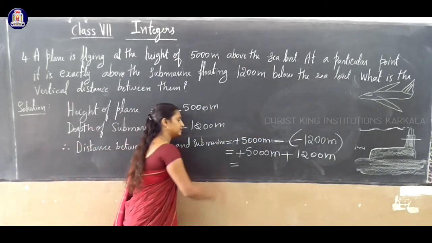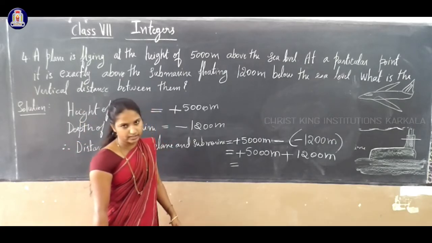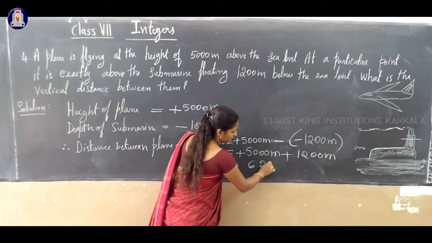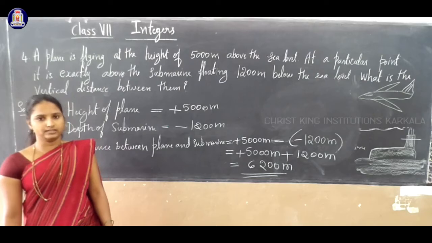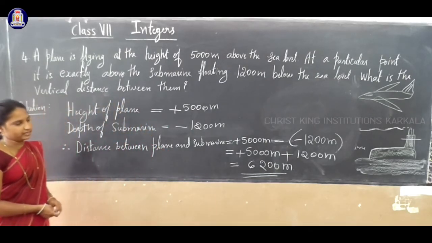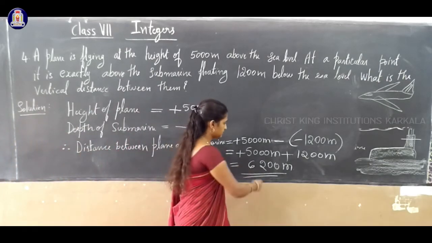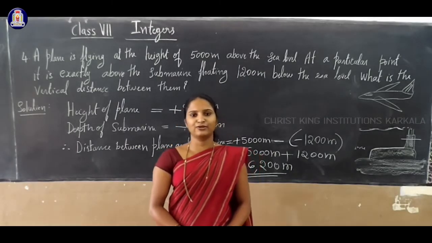Now we get the answer: 5000 meter plus 1200 meter, so we get 6200 meter. That is the distance between the plane and the submarine. Clear? So therefore the distance between the plane and the submarine is 6200 meter. Clear? Thank you.